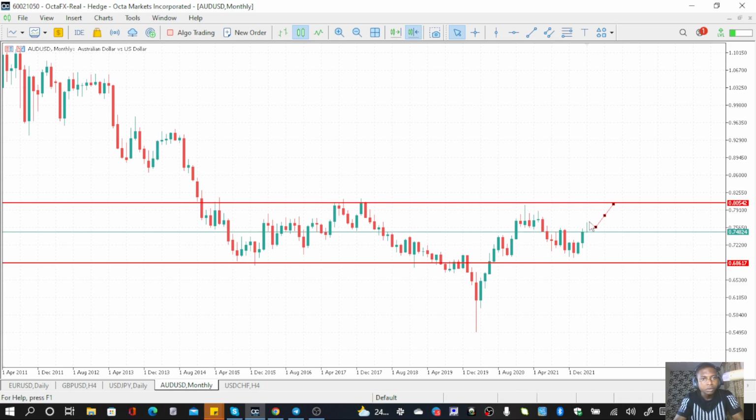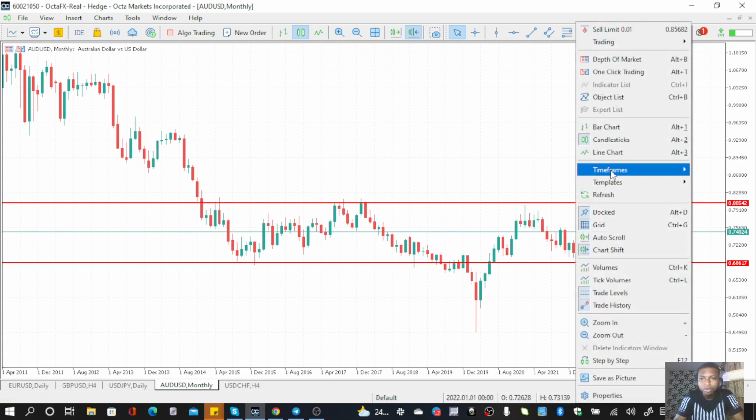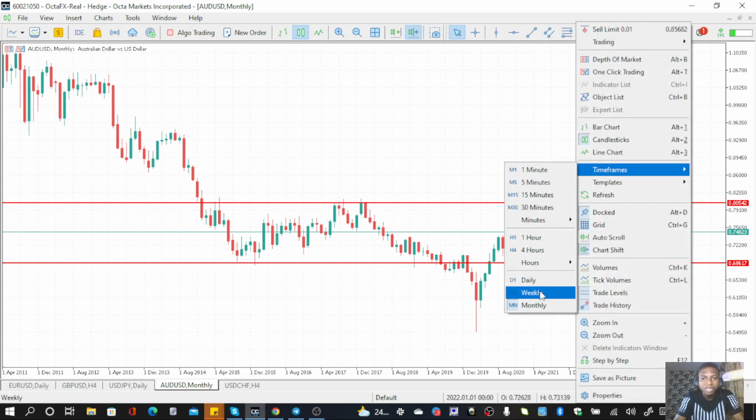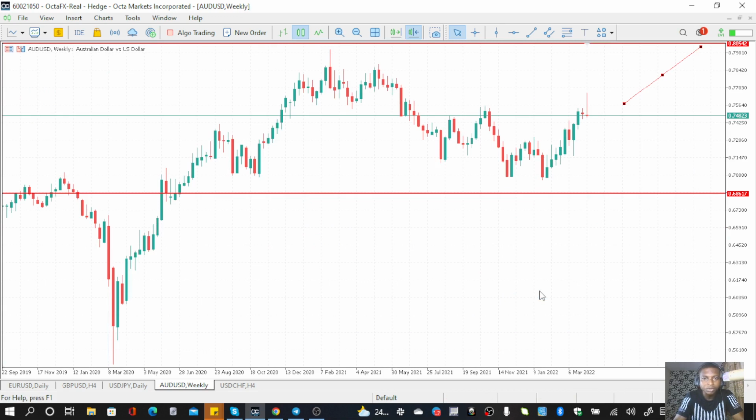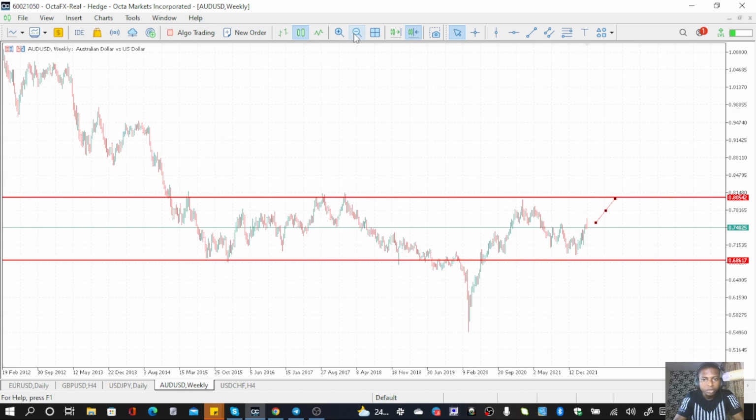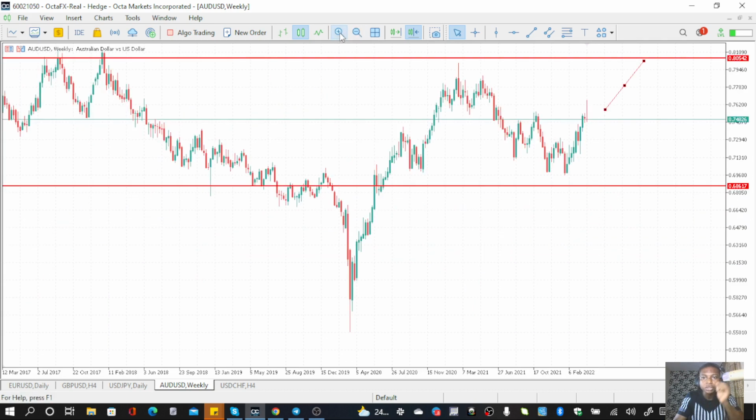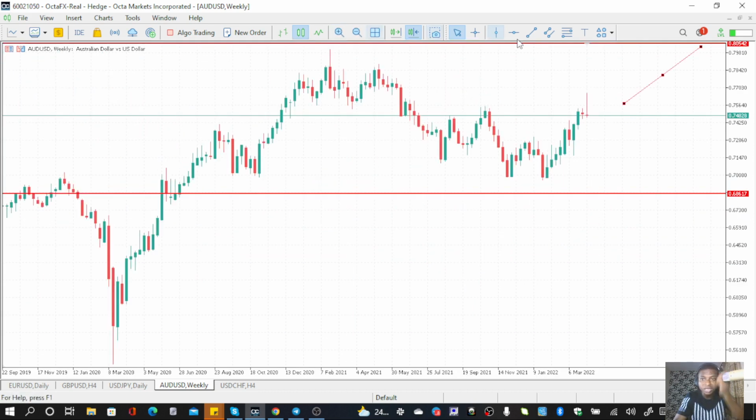All right, so let's go to the weekly time frame. Let's see what's happening in the weekly time frame. Okay, so obviously we are still in a range, but looking closely, you see that there's a rejection coming in at this level. Let's identify it with this. Good.